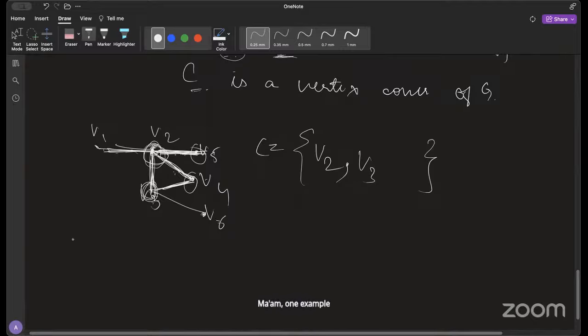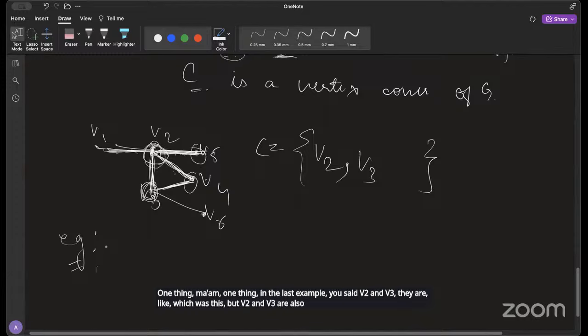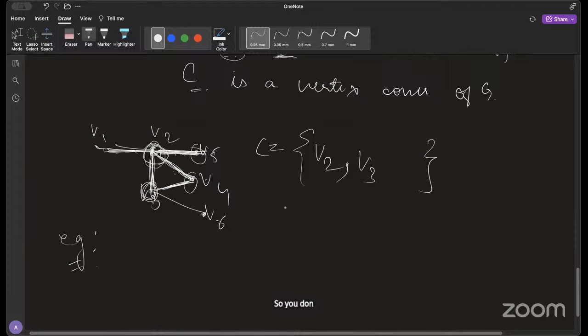Ma'am, just explain one more example for vertex cover. Ma'am, in the last example, you said V2 and V3, we choose this, but V2 and V3 are also connected, no? We have to take from one, no? You don't have to take exactly one. Our idea is that from each edge, you should have one. We don't mean that we only should have one from each edge.